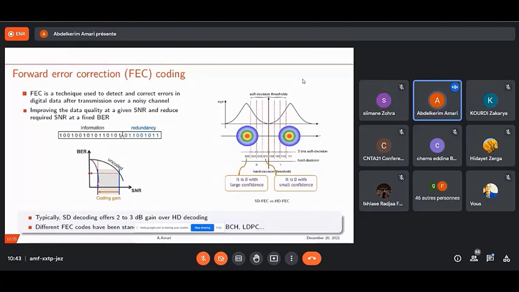The main idea is to add redundancy, or parity bits, to the information bits, and those parity bits carry some information on the data, which is then used at the receiver side for signal detection and correction. For example, when considering graph-based codes like LDPC codes, those parity bits are XOR operations of the information bits.